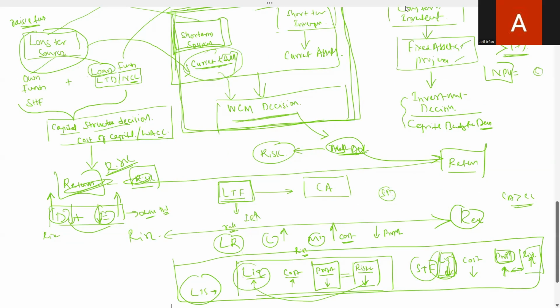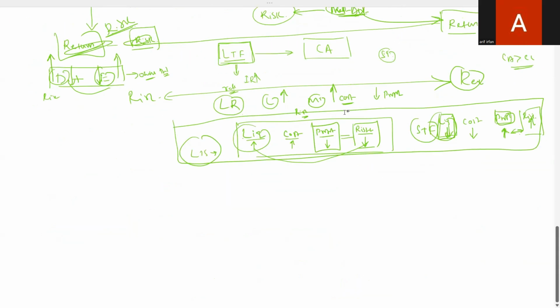I want to repeat this point because it is very important. Cost affects the profit, liquidity and risk. When you are using long-term sources of funds to employ the current assets, long-term sources mean you will pay more interest, so cost is high.